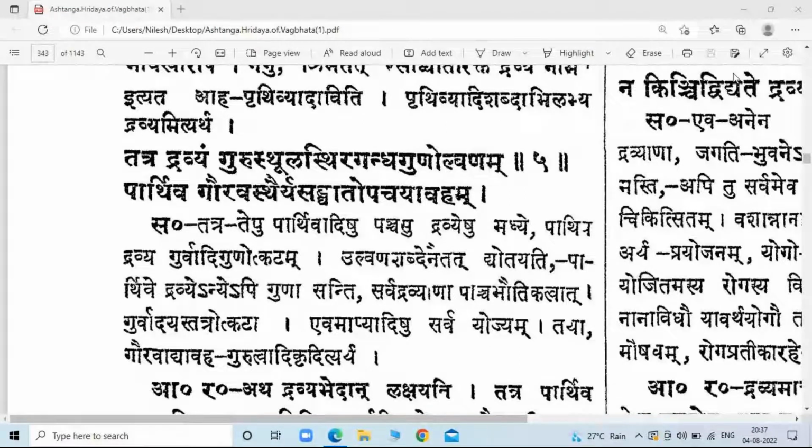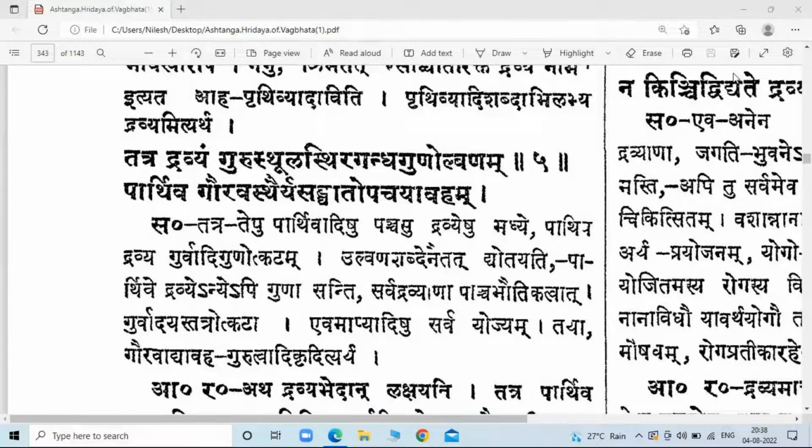Now the third one is Yuktihi. Yuktihi cha Yojana. Yuktischa Yojana Yatu Yujyade. That is how it is explained.